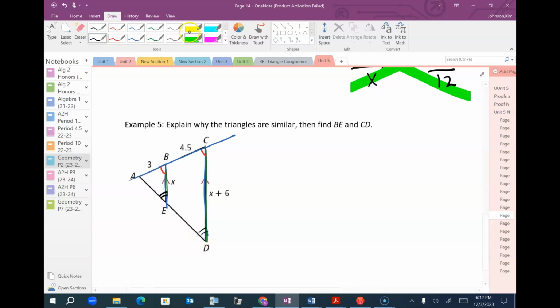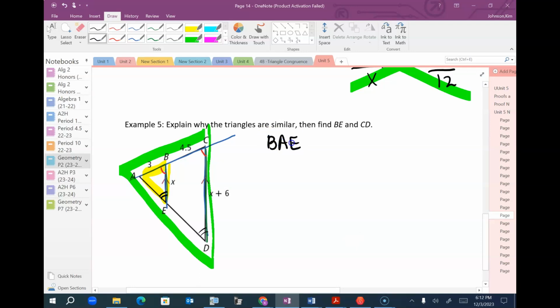So I can look at this as the small triangle and compare that to the big triangle. So I can say that triangle BAE is similar to triangle CAD by angle-angle. And now we're going to go ahead and find the lengths of BE and CD. So we're going to set up proportions for them.